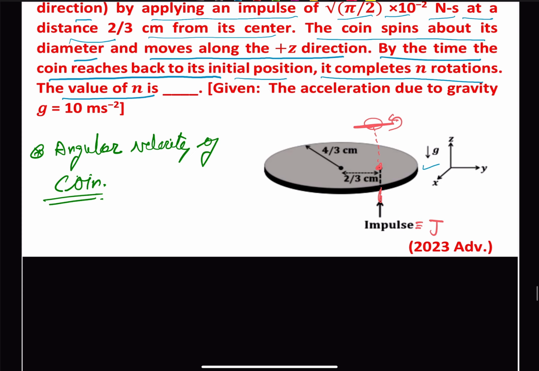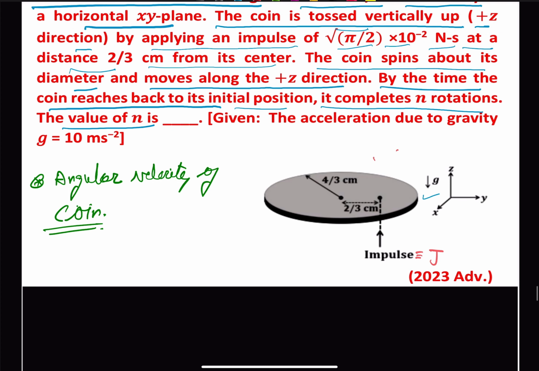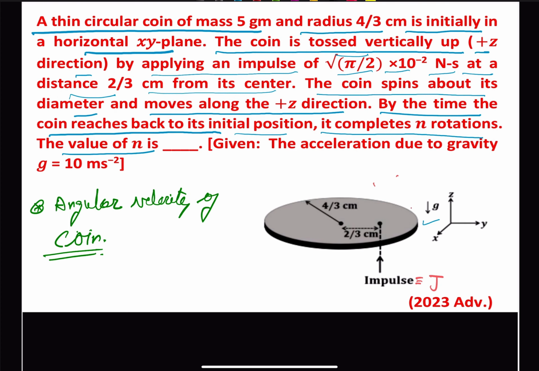One second, let me redraw the figure. There was a small discrepancy in my interpretation. We have this circular coin, complete one, and the impulse is applied at this position, and with respect to the diameter it is going to move up in the z direction and rotate in this way.